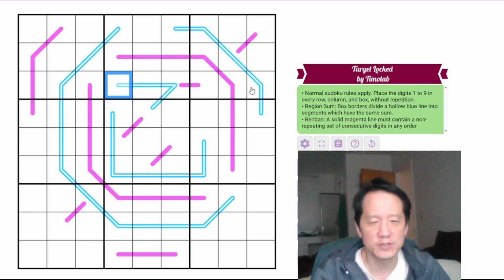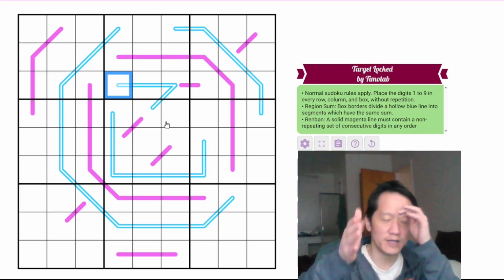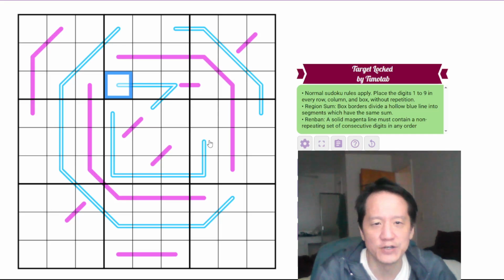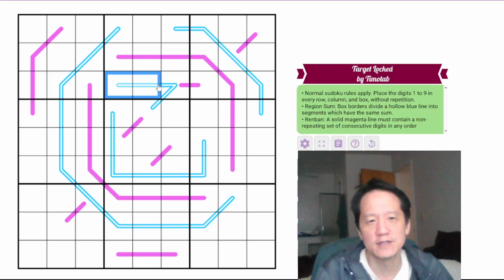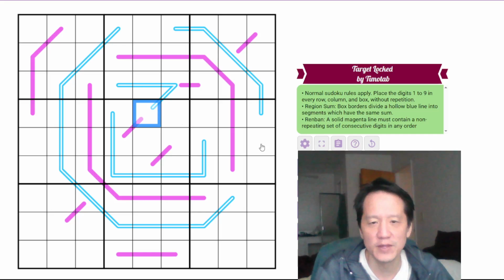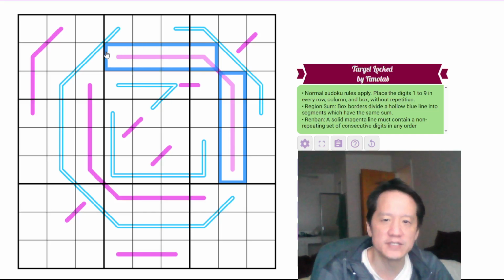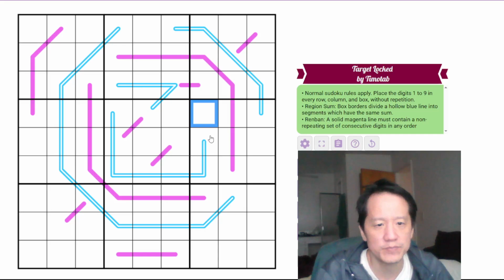And this looks like some sort of targeting mechanism where I guess we're locked onto a target with our scanners. So that's what Target Locked means. And then the final rule is Renban, where a solid magenta line must contain a non-repeating set of consecutive digits in any order.